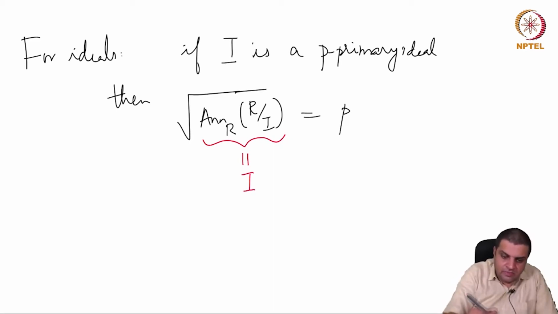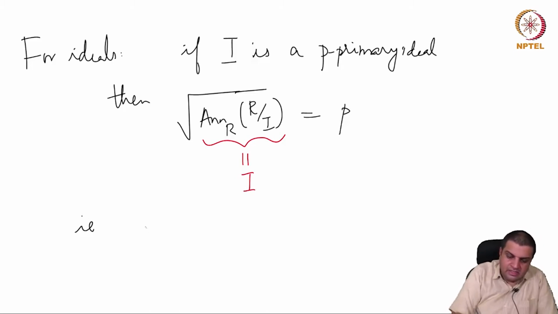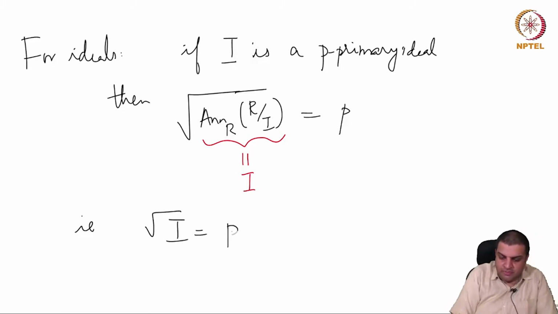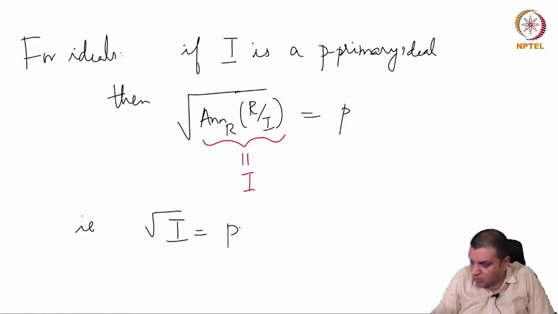So in other words, the radical of I is P.